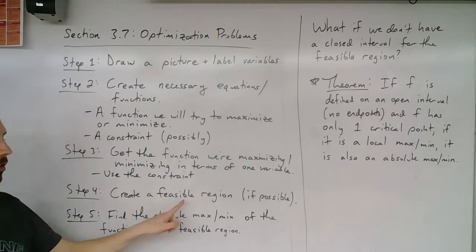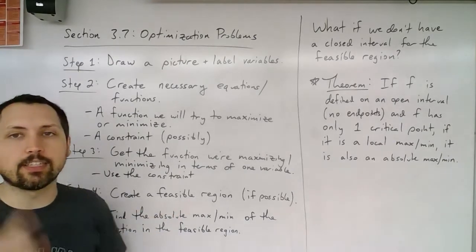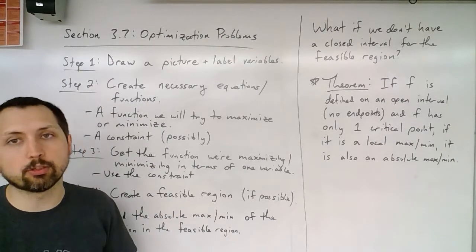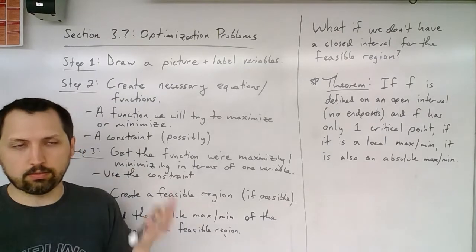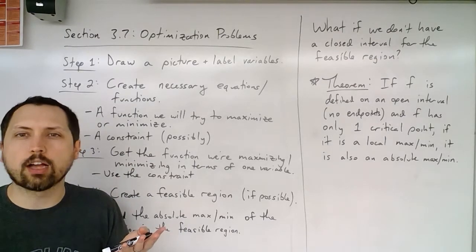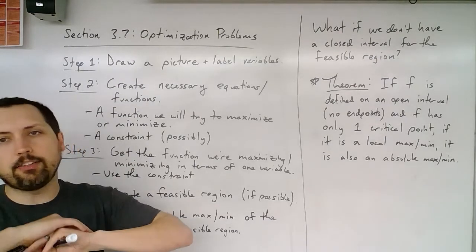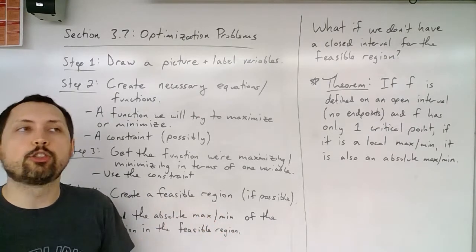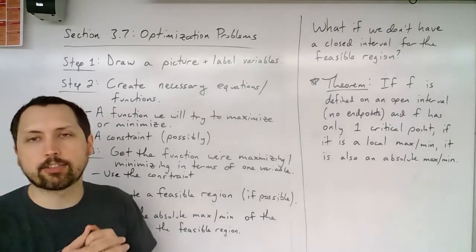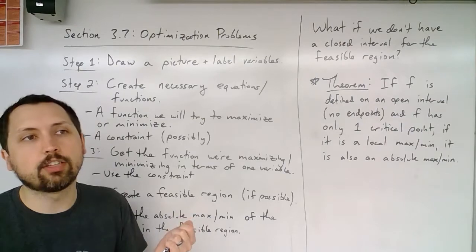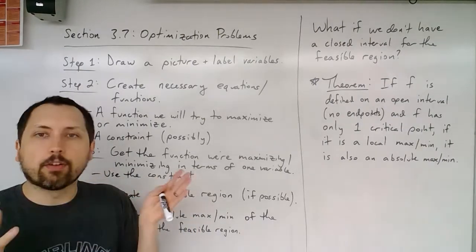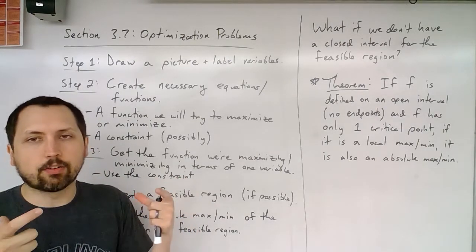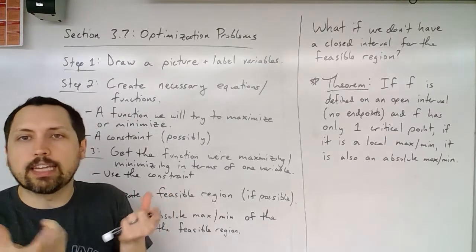The next step that we'd like to do is we're going to create a feasible region. Now, this is, again, only if possible. So when it comes to these questions, there's going to be a real-world context that we can't just leave all reality behind. So, for instance, if you're asked to maximize area, if you're looking at the area of a rectangle, you know that the sides of a rectangle cannot be negative.